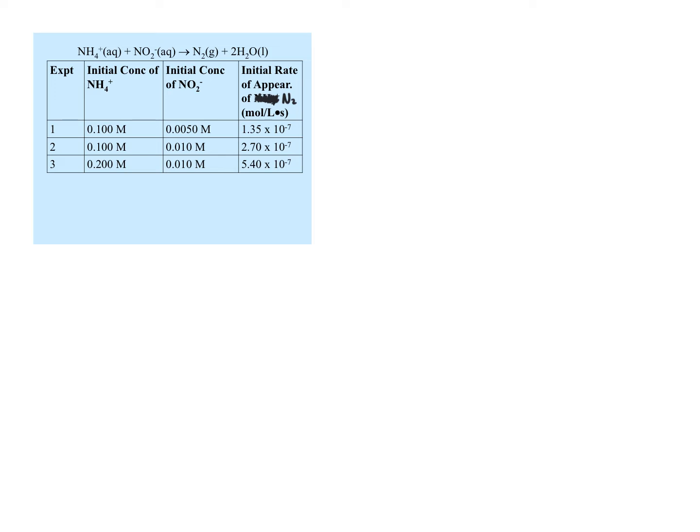So the very first thing we should do is write a skeleton rate law, where we say that rate equals k, NH4 positive to the m power, and NO2 minus to the n power. And our goal is to determine what m and n are.